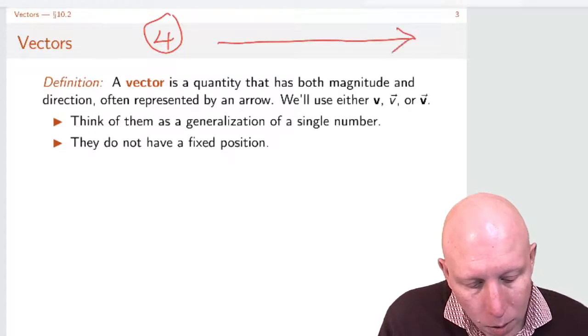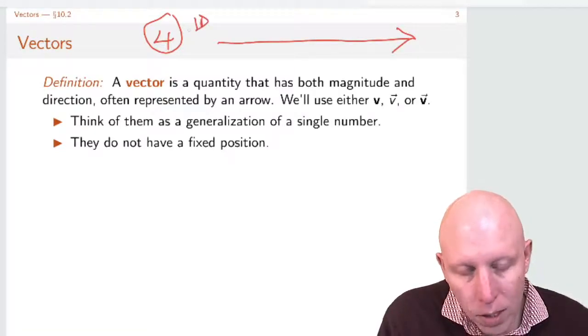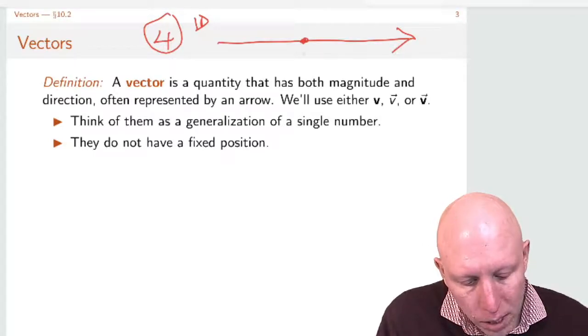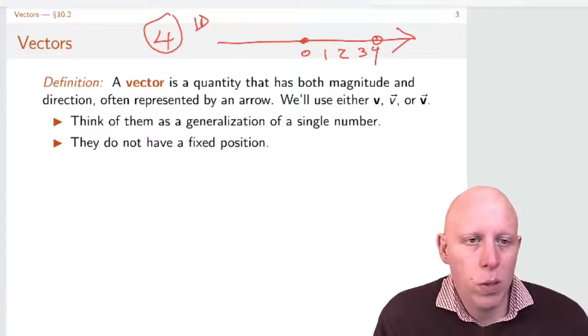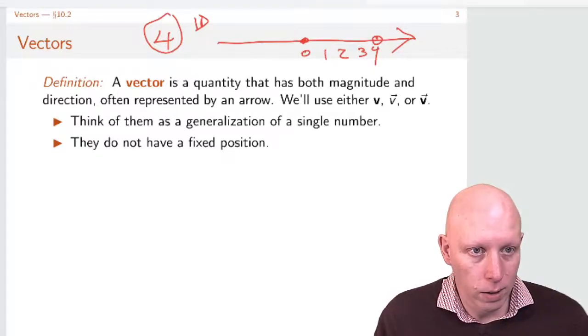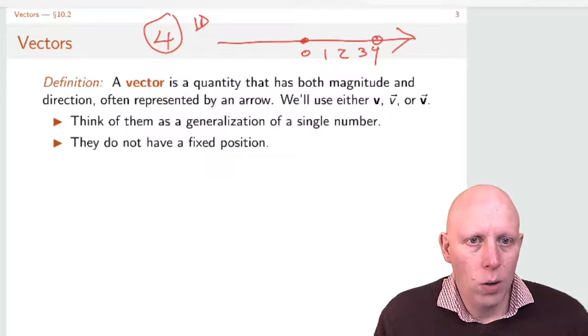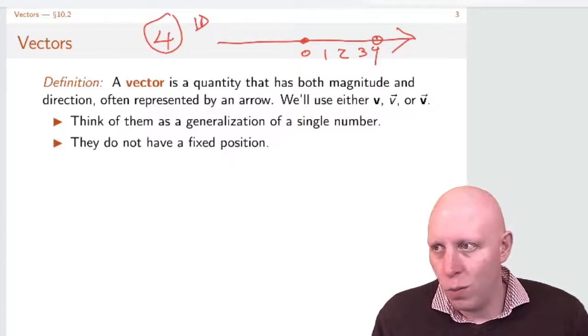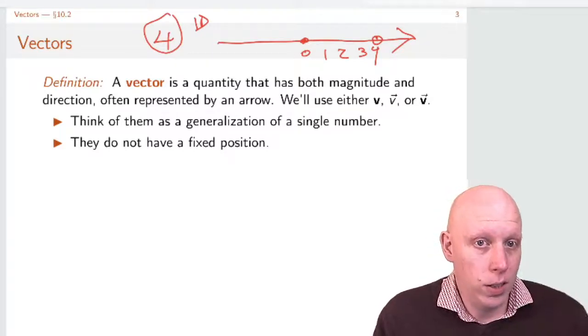So when we're talking about the number line in 1 dimension, 4 can represent 0, 1, 2, 3, 4. 4 can either represent this place on the number line, 4, or it can represent an abstract quantity like 4 units.